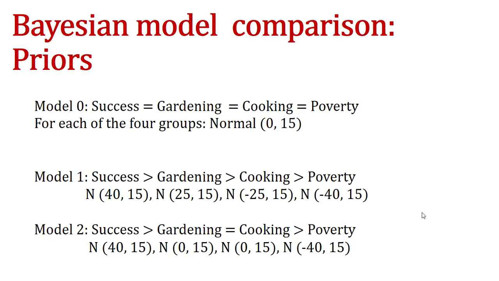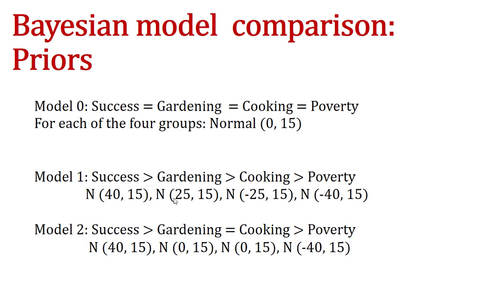So basically, with the prior, we are stating this hypothesis that success should be higher than gardening, gardening higher than cooking, and cooking higher than poverty. Model 2 implements this too, so the priors that I chose for model 2 also follow this idea. The prior for success also is a normal distribution with mean 40 and standard deviation 15. Now the means for gardening and cooking are the same.